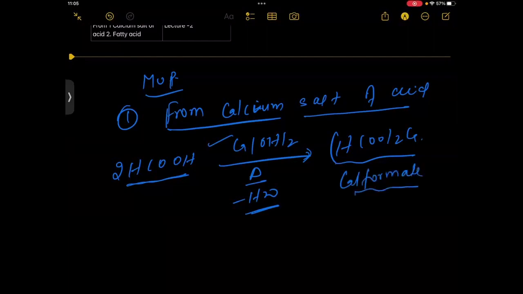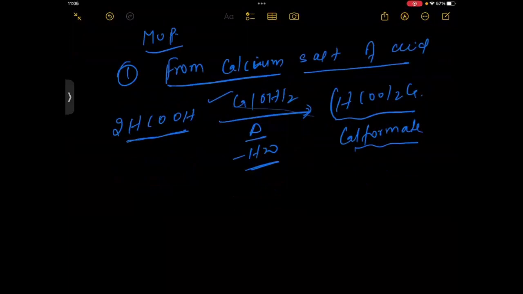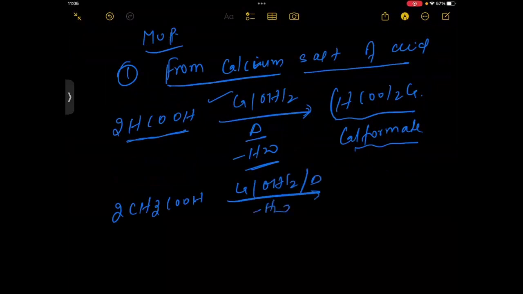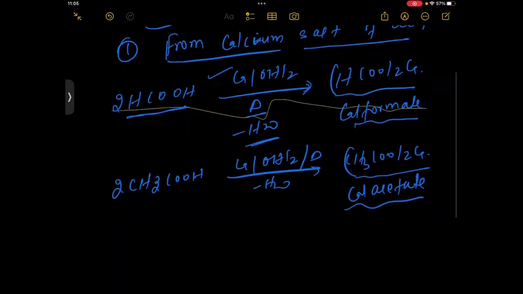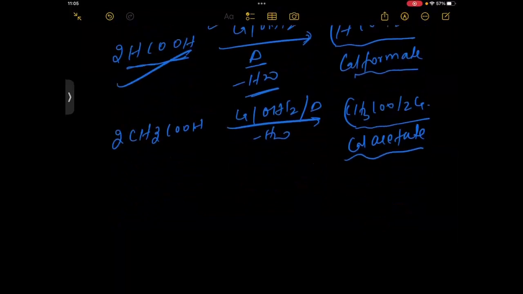Okay, similarly student, suppose you have taken that 2 moles of acetic acid in the presence of calcium hydroxide, supply the heat, water will lose. So what happened in that case, you will get that (CH3COO)2Ca, that is called cal acetate.